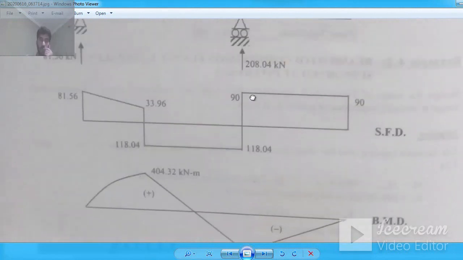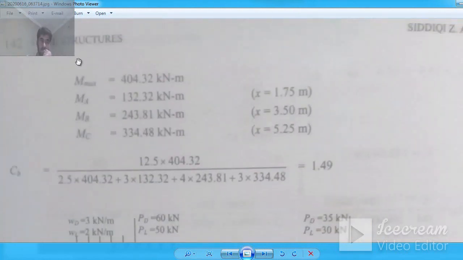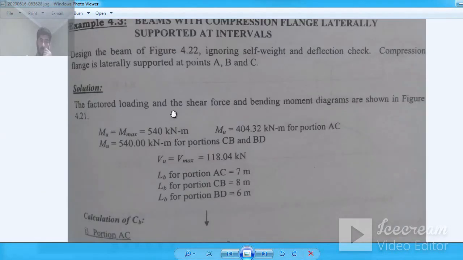Now you see, if we go back, the factor loading and the shear force and the bending moment diagram are shown in the figure. Your MU or M max is 540 and MU is 404, 0.32 kilonewton for portion AC.